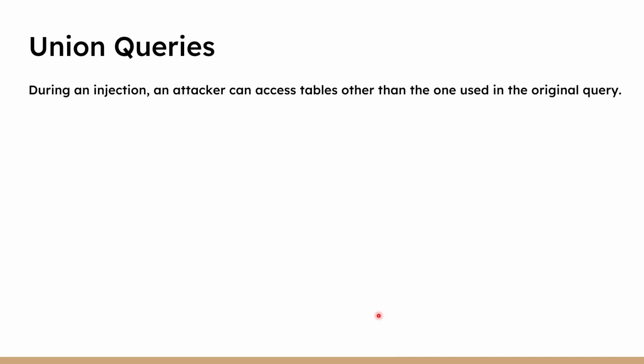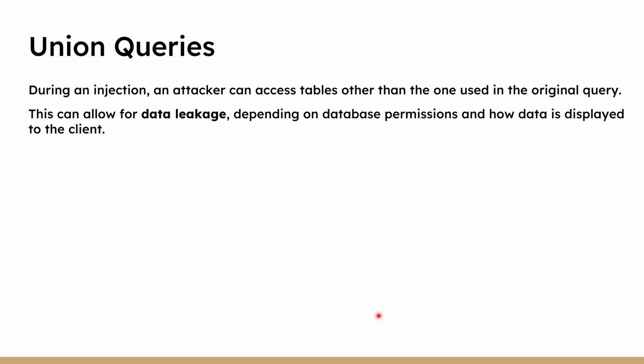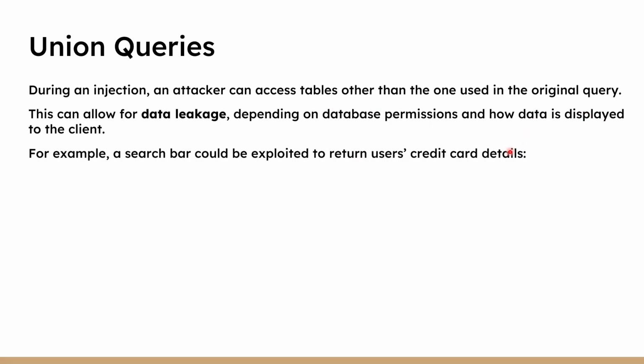Right. Union queries. So this is just basically where they access other tables in the database, which obviously could leak data. This depends on the permissions of the database and how it's displayed to the client.